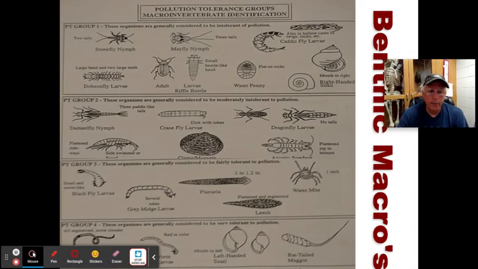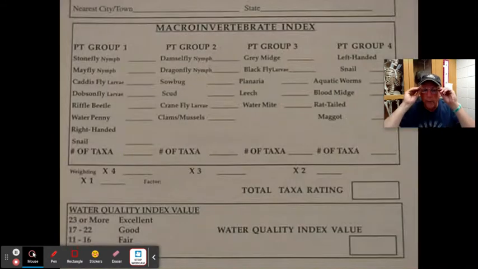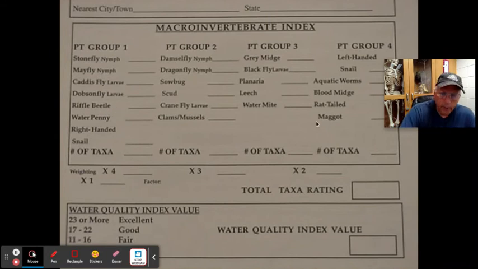Then you have a little checkbox. It doesn't matter if you find 1 or 30. If you find one, you put a check mark in there. Then they have a weighting factor. Obviously, the ones that live in clean water have more of a weighting factor, and the ones that live in bad water do not.